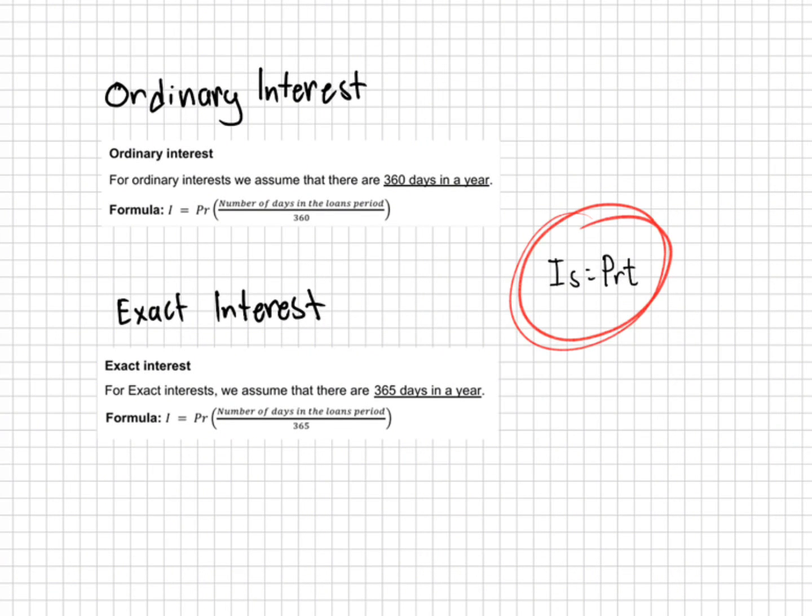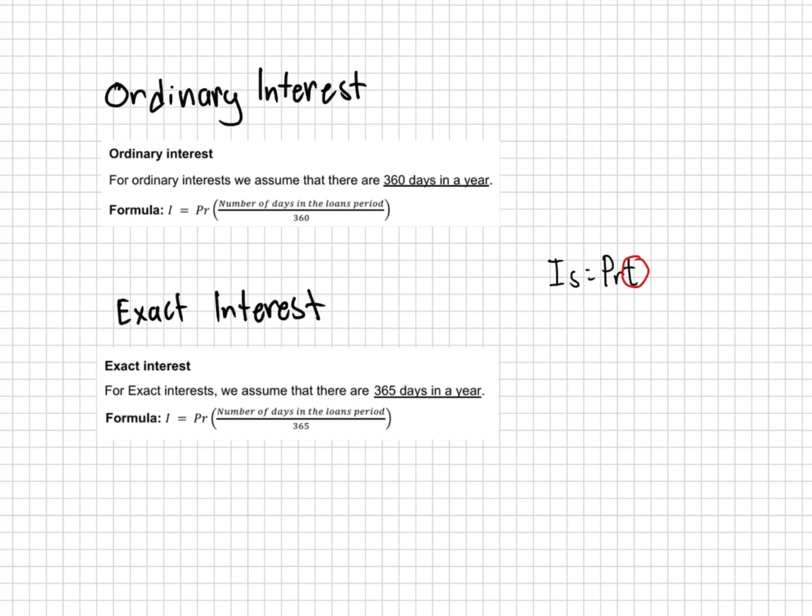Simple interest is equal to principal amount, rate, and time. The formula for time here is the number of days in the loan's period divided by 360 in ordinary interest and 365 days in exact interest.